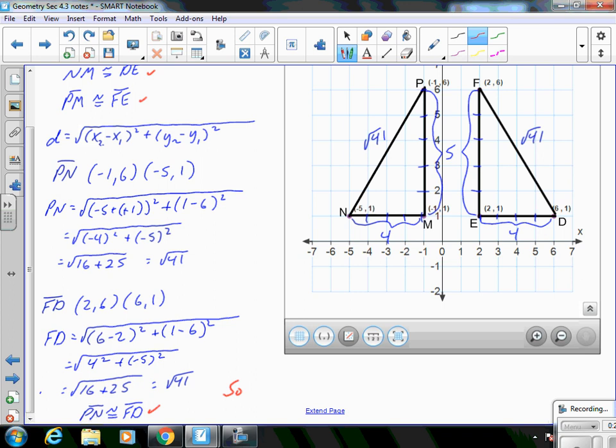So triangle NPM is going to be congruent to triangle DFE by side, side, side. And that finishes section 4.3.